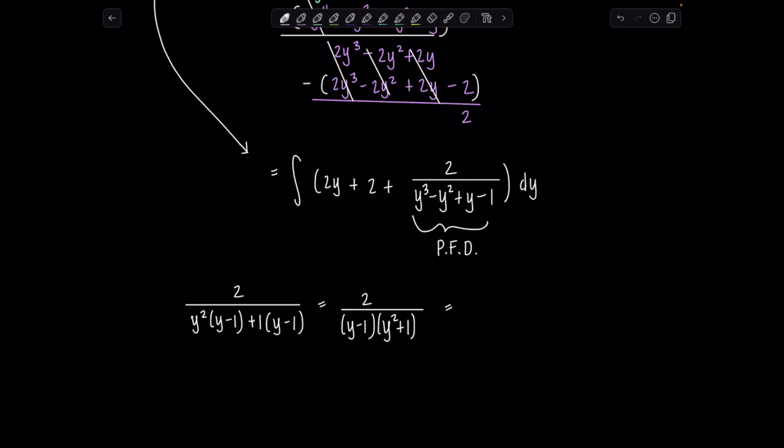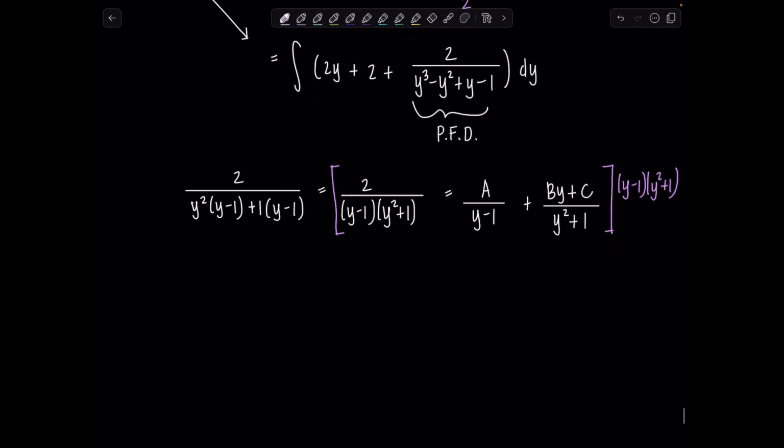So y minus 1, that's a linear factor, so we just have A over y minus 1. And then y squared plus 1 doesn't factor any further. Irreducible quadratic. So I need By plus C in the top. Yes. Now, multiply everybody by the LCD, which is y minus 1 times y squared plus 1.